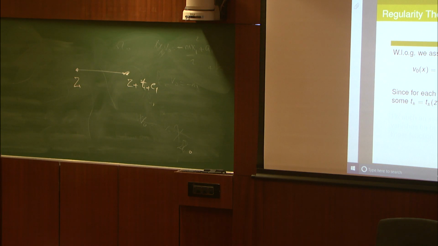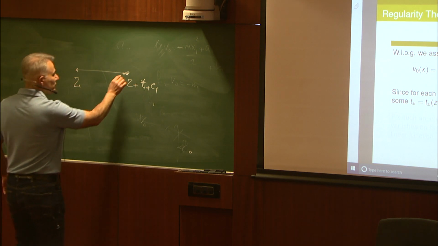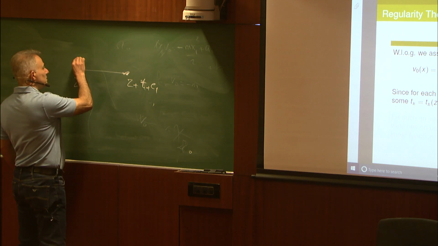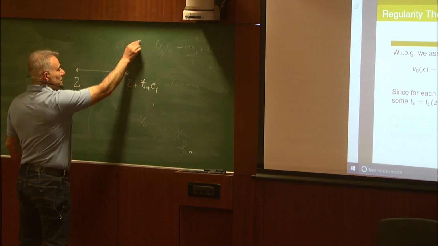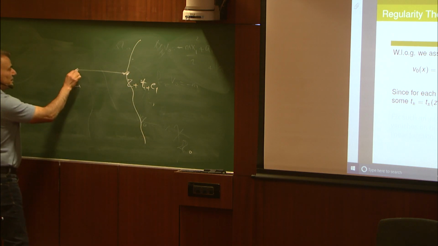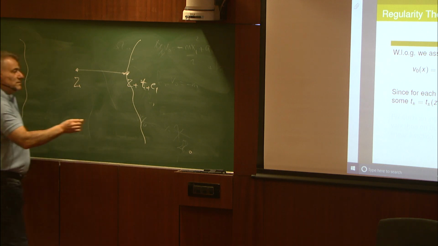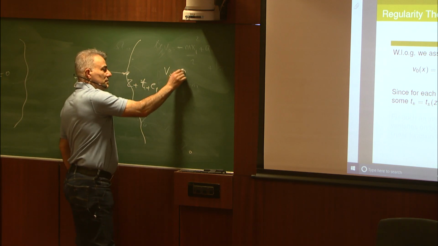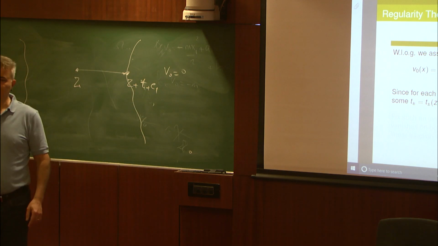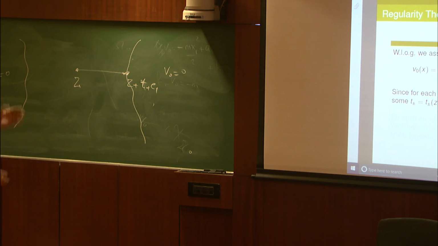I'm going to hit a point where the function is 0. This is a free boundary. I take any other point, I hit another point. I can do it on this side as well, and then I get something like this. So here v0 is 0, here v0 is 0. So this is z minus t minus e1.